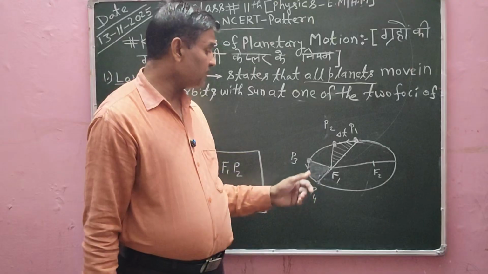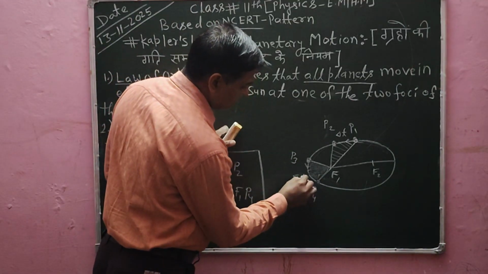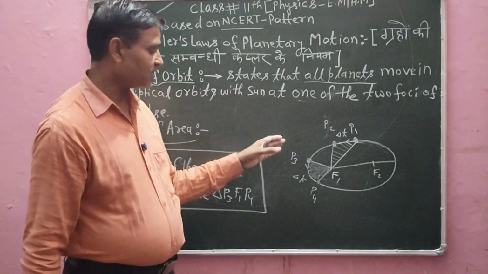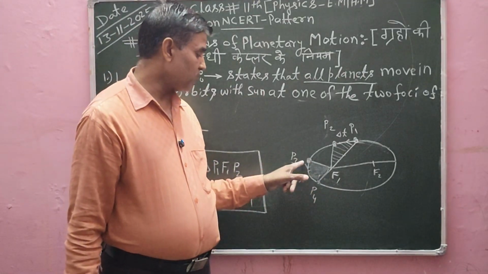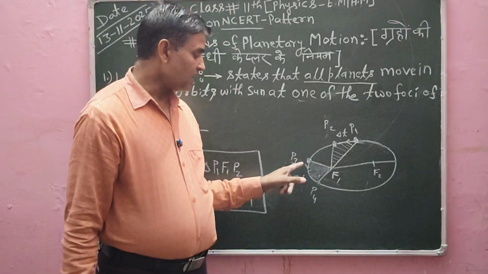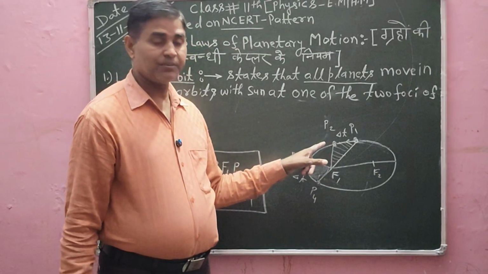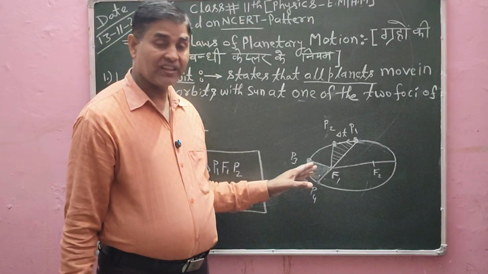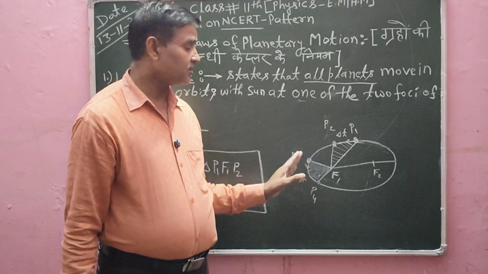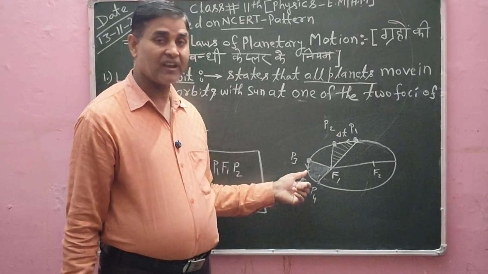Again, in the same time interval I have taken a planet which is available at the point P3, and it is moving from P3 to P4, covering the same distance. So I have also got a shape, and then I have calculated the area of that shape. I have got a finite value.